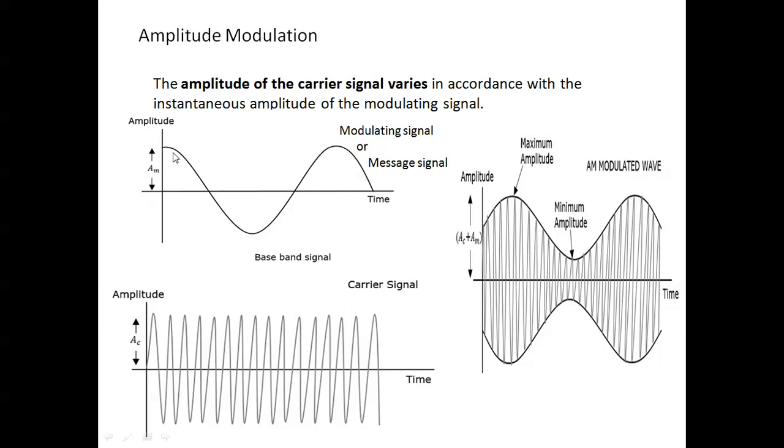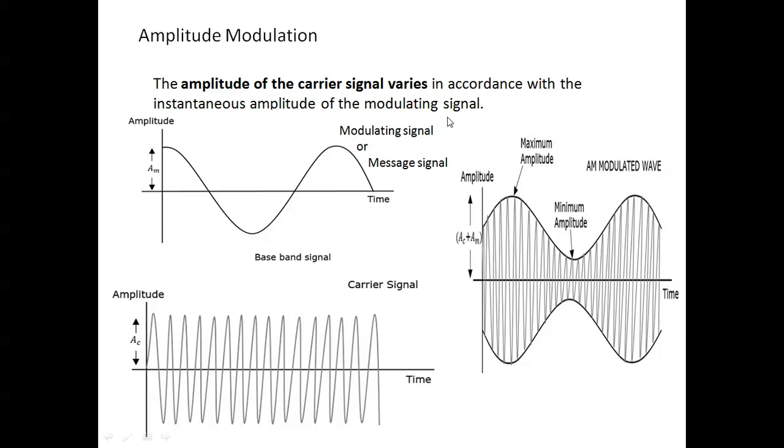So based on the amplitude of the modulating signal, the carrier signal amplitude varies. If the modulating amplitude is minimum, the carrier amplitude is low. See that? This is the way the carrier amplitude varies in accordance with the amplitude of the modulating signal.